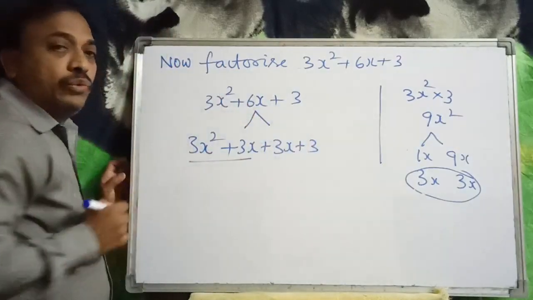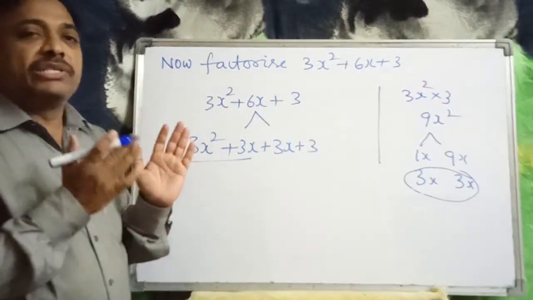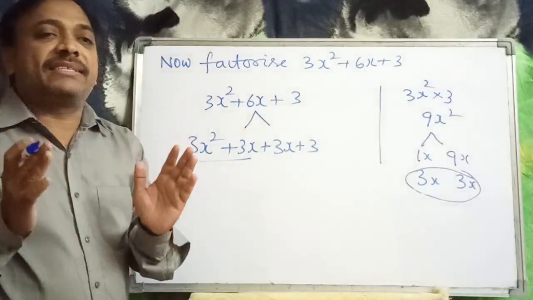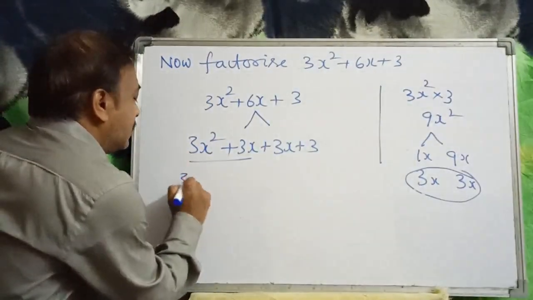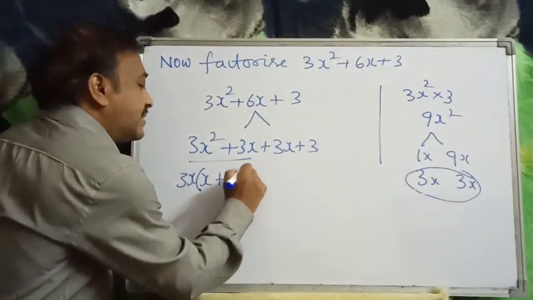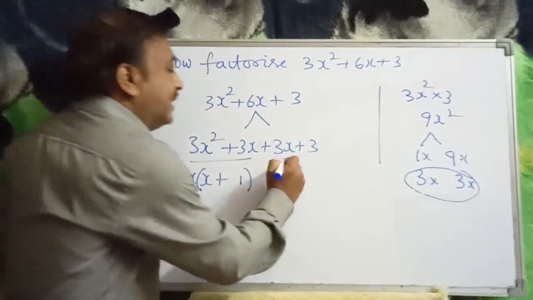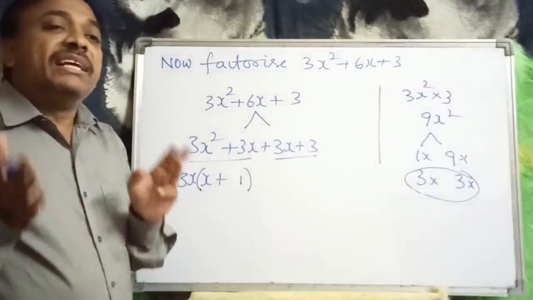Now in these two, both are multiples of 3x, so we can take out 3x common. If you take out 3x common, then x plus 1. Now in these two, which is possible to take out common? 3.